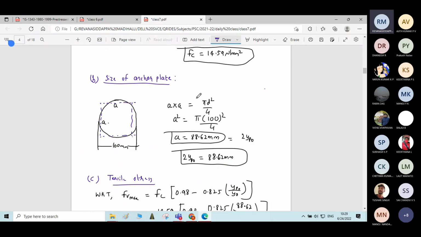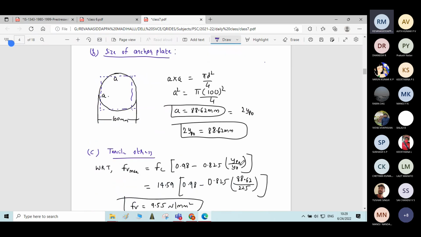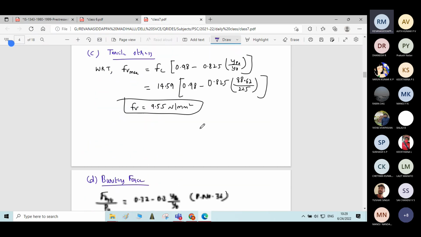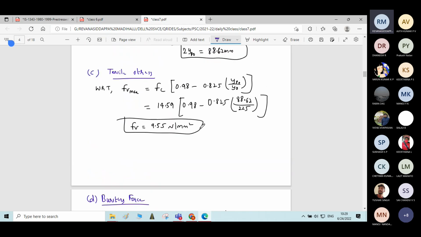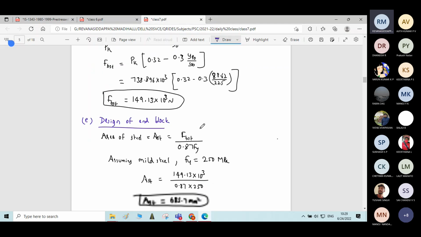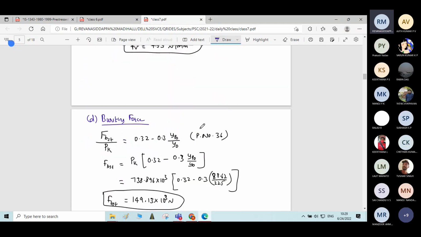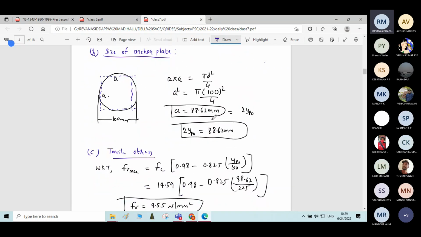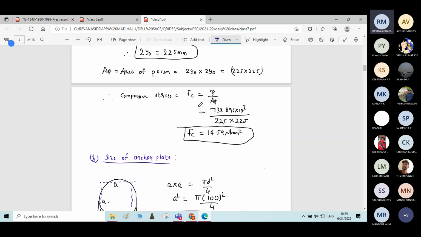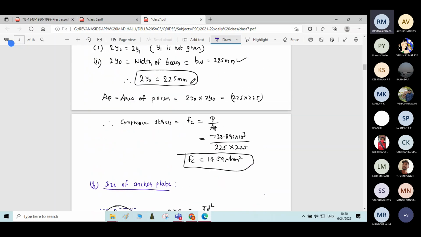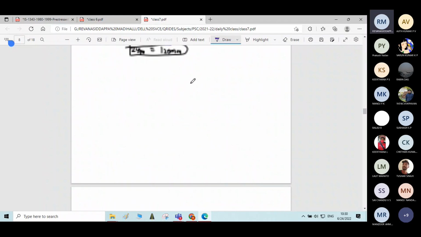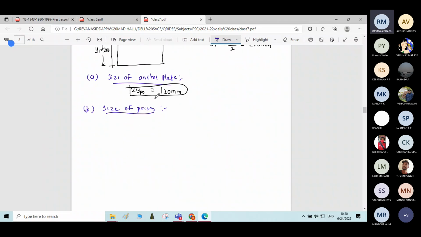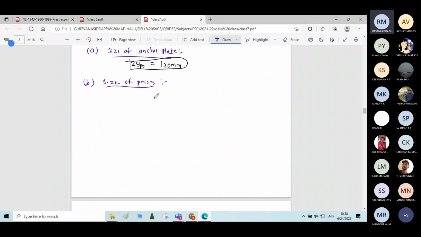If you know all these three things, FC, YP naught and Y naught, then just by substituting the values, you will get the required tensile stress, bursting force, and you can easily design the end block as well. Only thing is you need to find FC, YP naught, and Y naught. That's it. Now we got the YP naught value, 2 YP naught value, size of the prism.